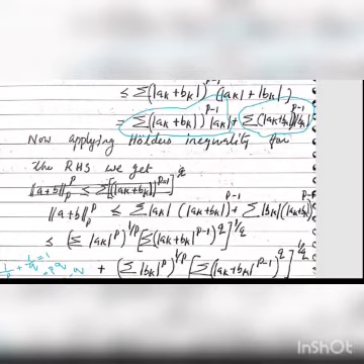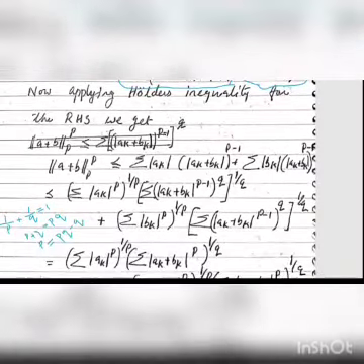So p minus 1 into q is equal to p. So this equality we are using here, so in place of p minus 1 into q we can replace with p itself.